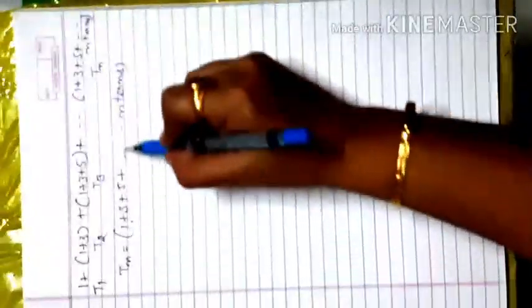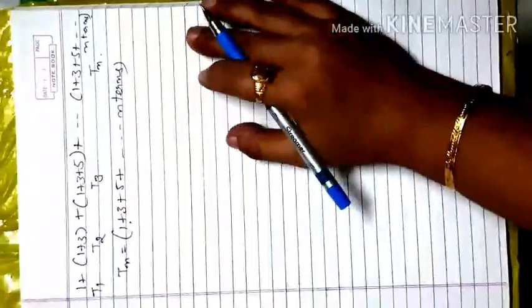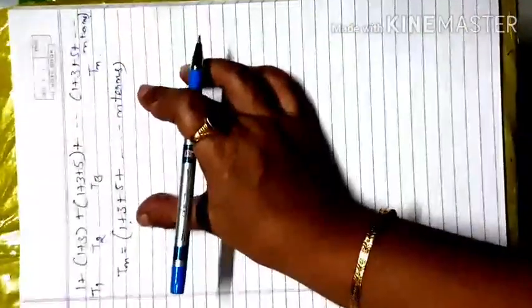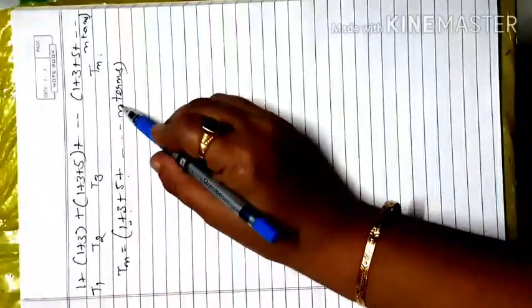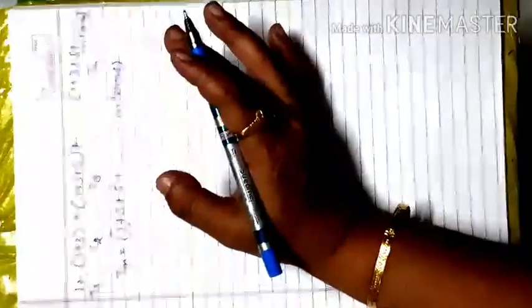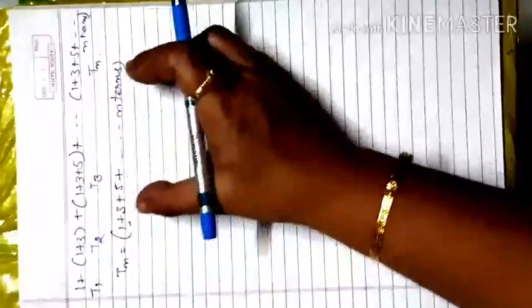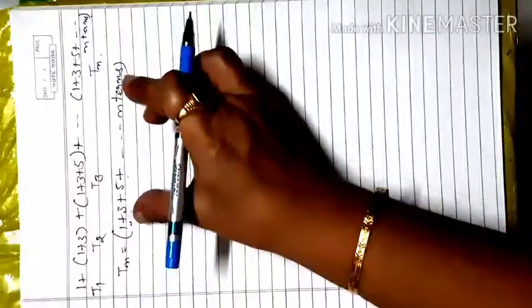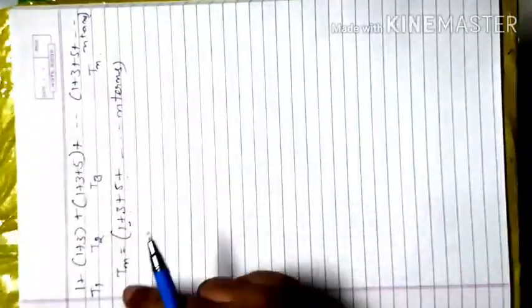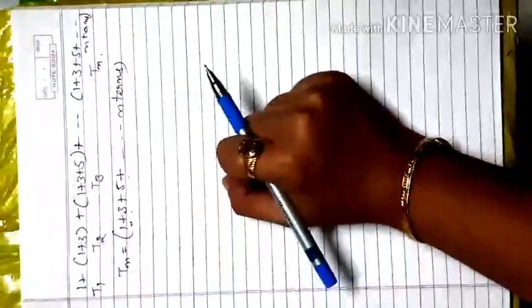Here the nth term will be different. Because this is a sum, in the nth term position the sum of the odd numbers is present. So when you apply the formula for the sum of odd numbers, that will be considered the nth term of this series.